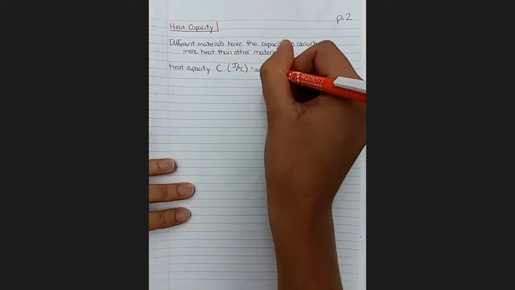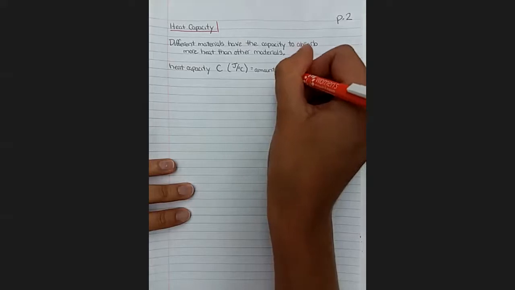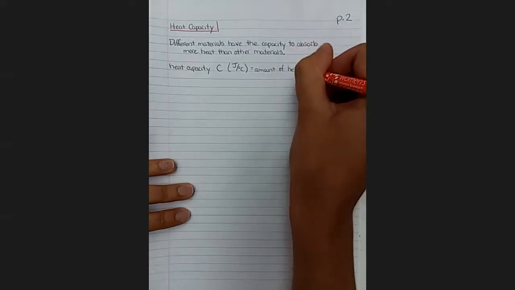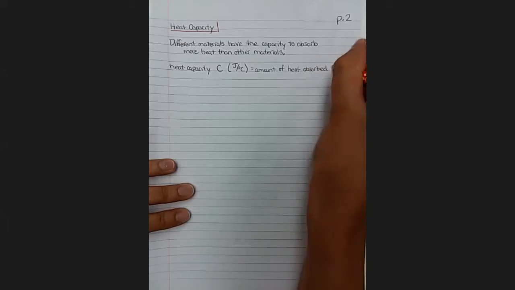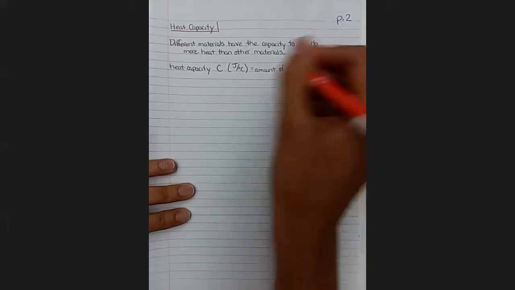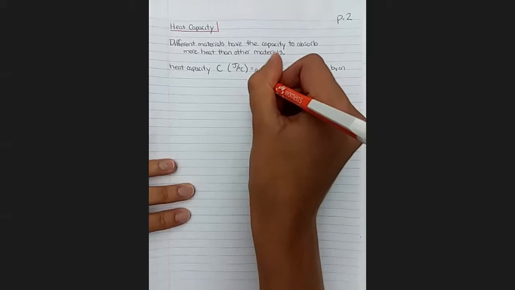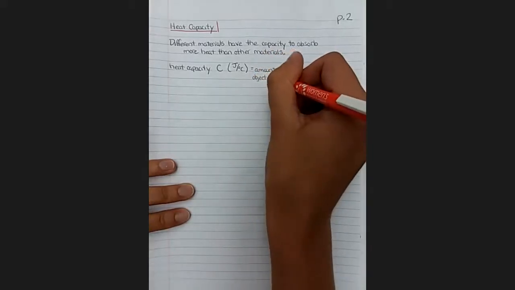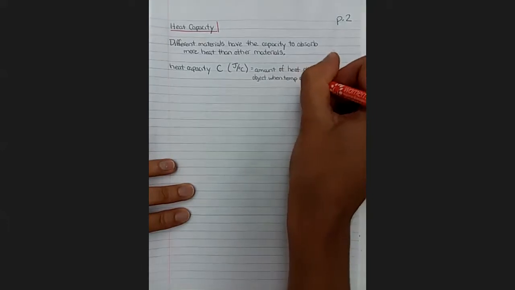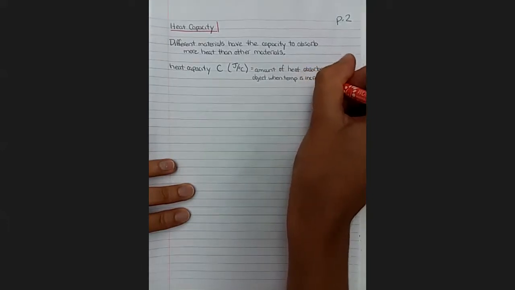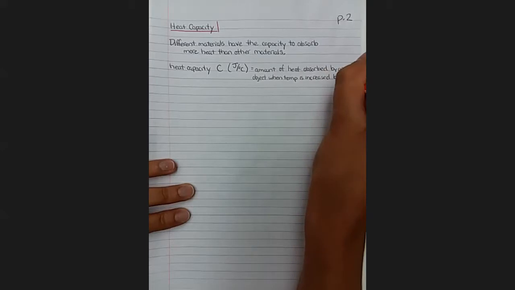So the heat capacity is the amount of heat absorbed by an object when the object's temperature is increased by 1 degree. We'll say 1 degree Celsius.